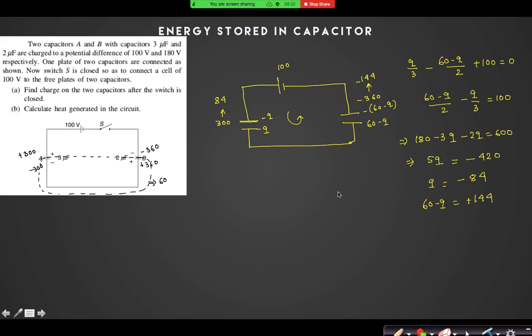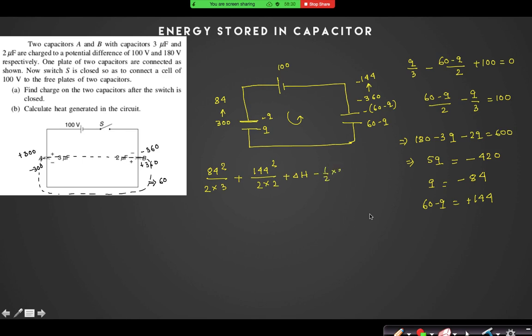Alright, so now I can find what is the final energy. Final energy, I can say that it is q square by 2c plus q square by 2c plus heat generated minus initial energy was half c v square, you can do it, right?